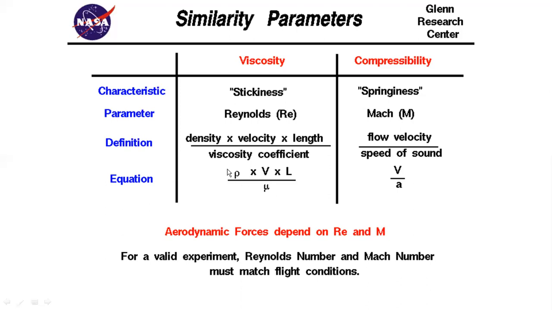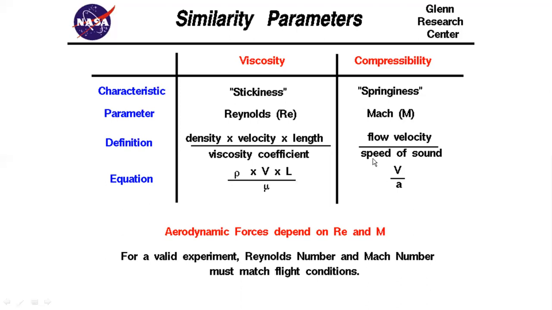Sometimes you work with kinematic viscosity, sometimes with dynamic viscosity. In the case of kinematic viscosity, you have the Greek letter nu, which is mu divided by rho.